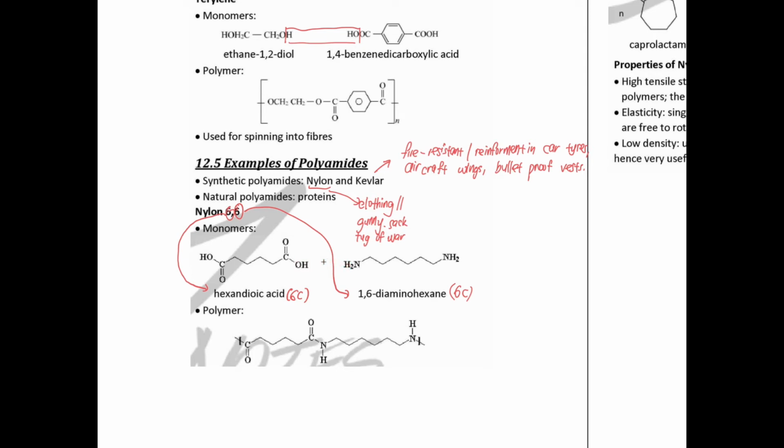So imagine they remove OH and remove H. Then they form H2O, and after that, the remaining structures join up. CO joins with the NH. That is called the amide. Okay, now let's see the next part.